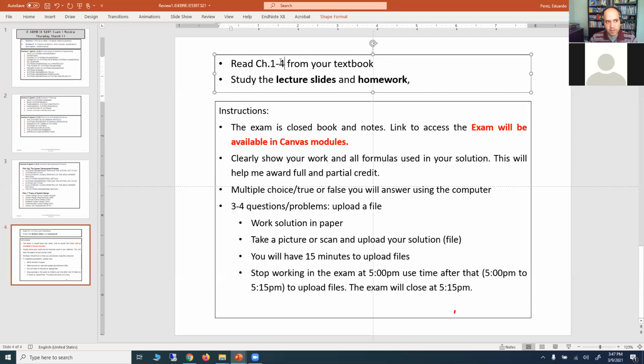So for example, you will see a question in which I'm going to ask you to draw a causal loop model. You will present that diagram in the exam, and I can ask you questions about your causal loop model. That could be a problem in the exam.